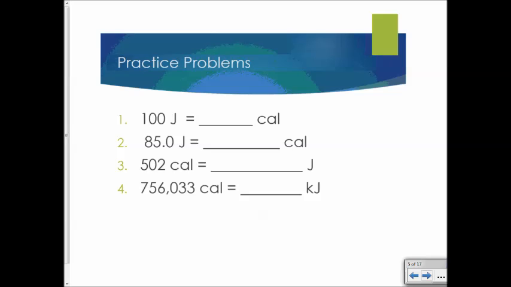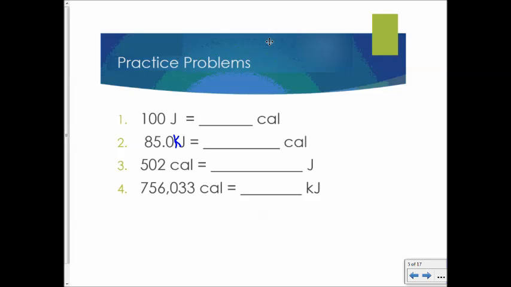Now, I believe on your paper there's a typo here, so for number 2, they wanted you to do kilojoules there. So I want to look at doing number 1, which is very similar to what we just did, except it's in reverse. You diagonal down the joules and you put the calories on the top.